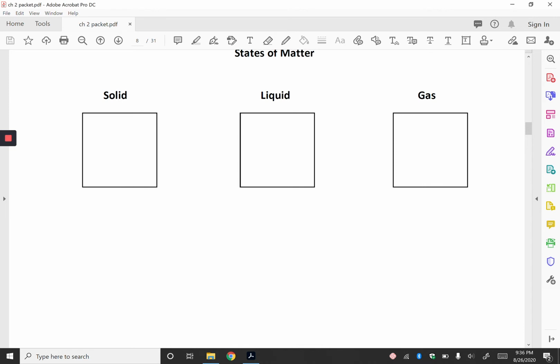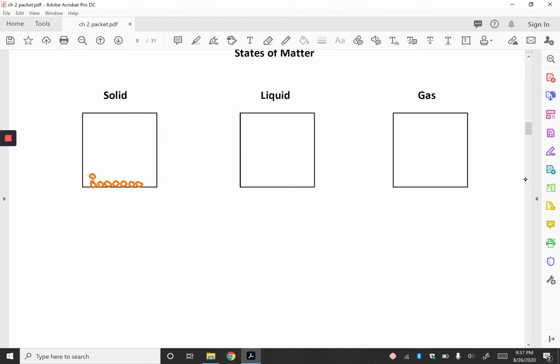So let's start with a little particle diagram to show what these solids, liquids, and gases are. So we're going to start with solids, and I'm going to draw my particles. Now, I'm not very good at drawing. So, if you're drawing this, hopefully you are better at drawing than I am. Try to make all your circles the same size.